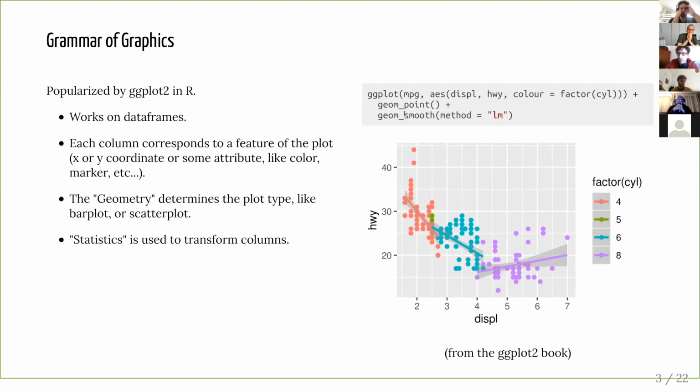So this is an example where you can build a reasonably complex plot with a syntax that's easy to read. So MPG is the typical test data set they use to kind of demo their package.